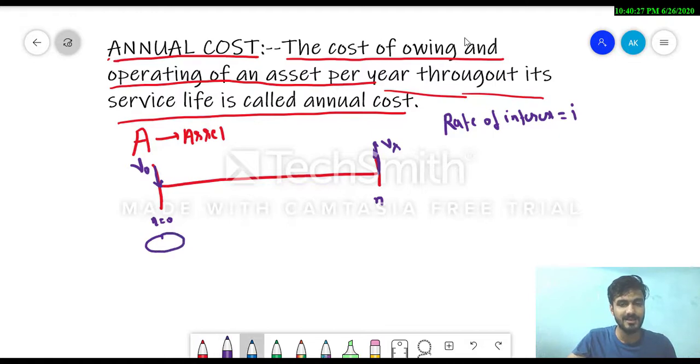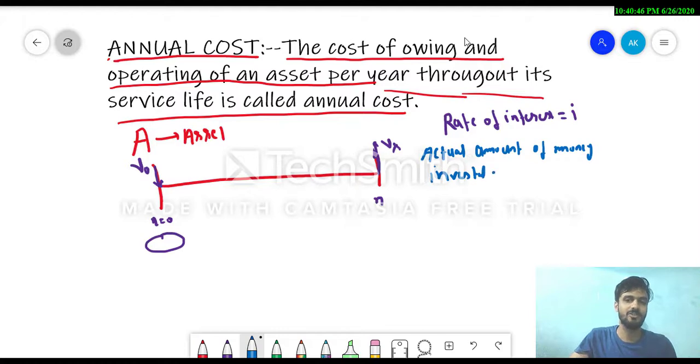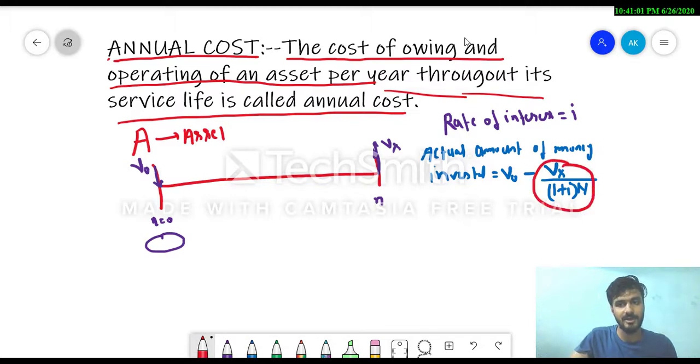So my dear student, understand: the actual amount of money that is going to be invested is equal to V naught minus the present value of Vs, that is Vs upon (1 plus I) whole power n. This will be the present value of Vs.